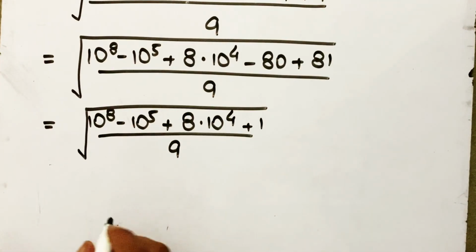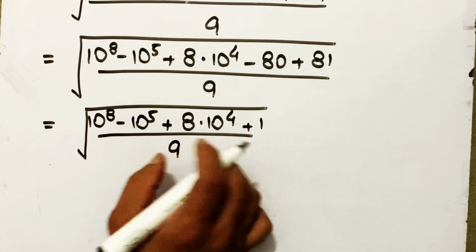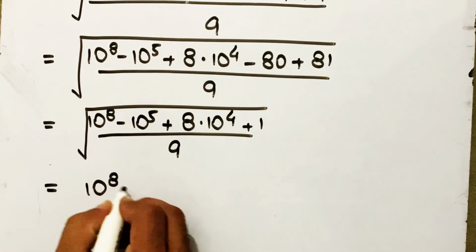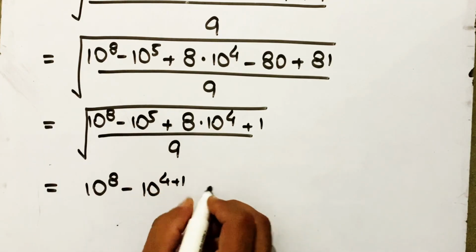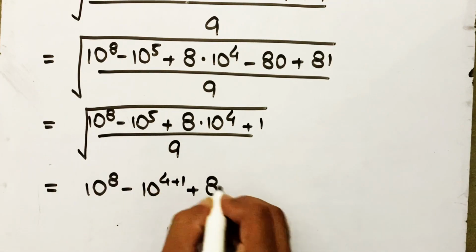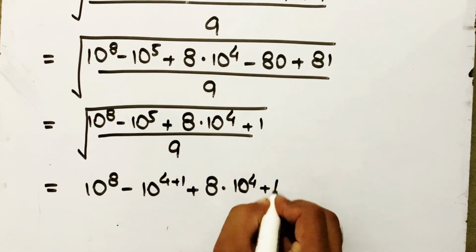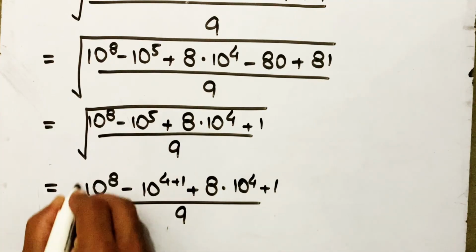Next step: 10 to the power of 8 minus 10 to the power 5 becomes 10 to the power of 4, and plus 1 becomes 5 here, plus 8 into 10 to the power of 4 plus 1, divided by 9, take square root.